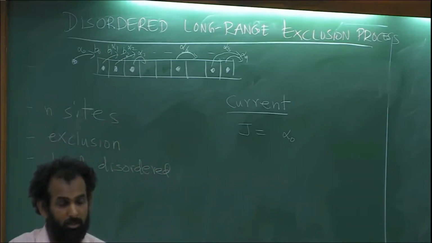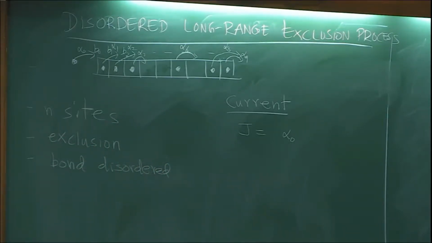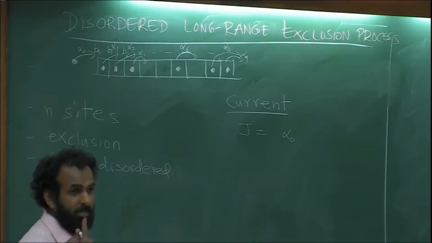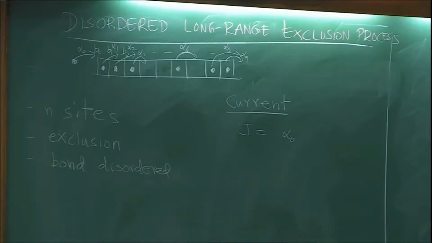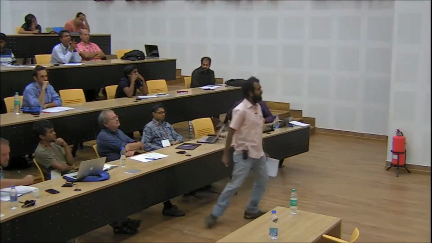Yes, it's totally asymmetric. For me, the alpha i's are arbitrary. I'm not going to give any values to them right now. As for alpha n, the last exit, it doesn't matter.